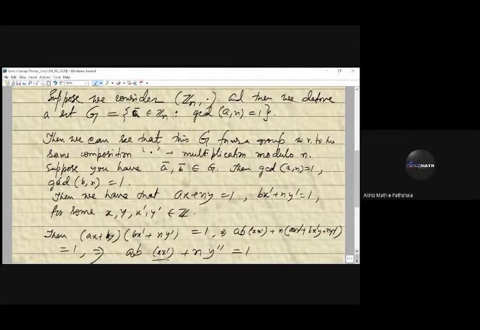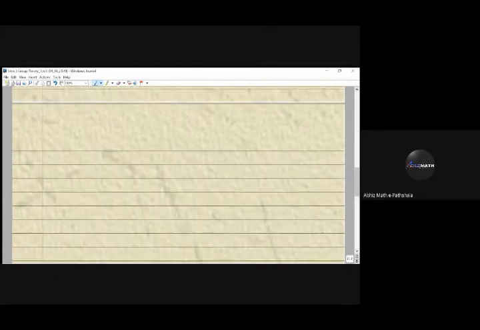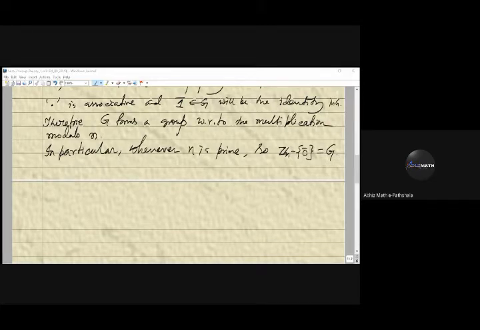And in particular, whenever n is prime, Zn minus 0 class will be the G, okay?